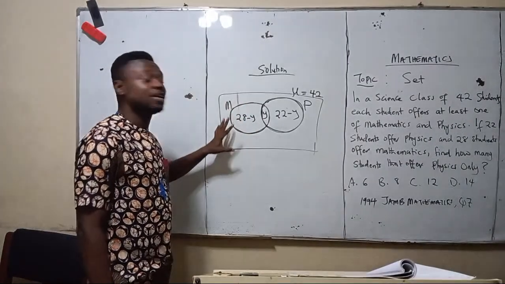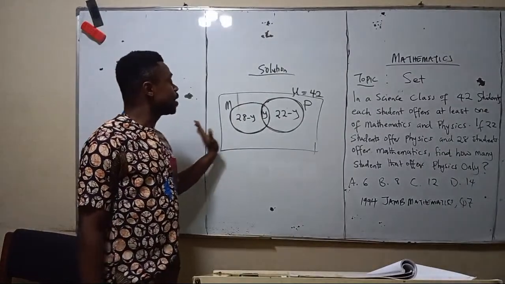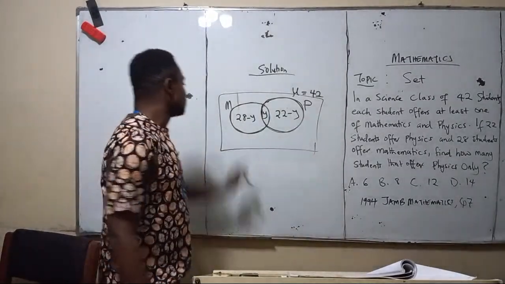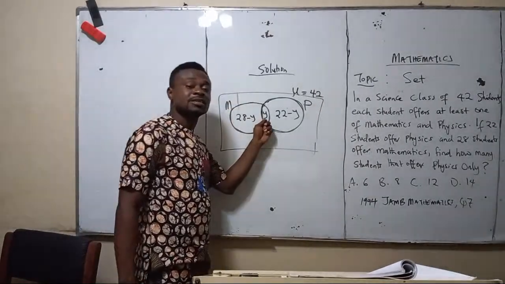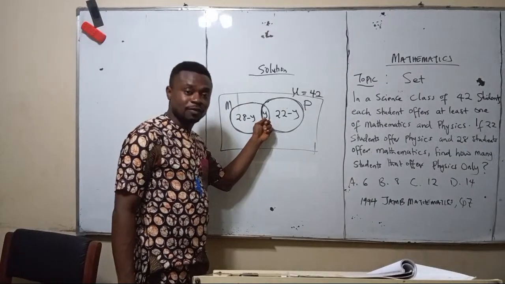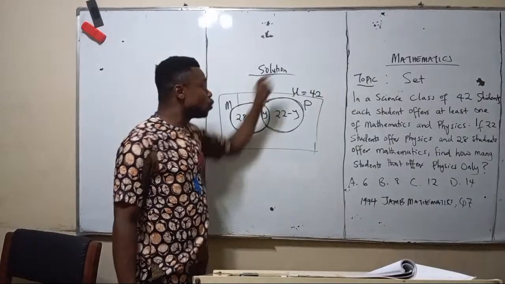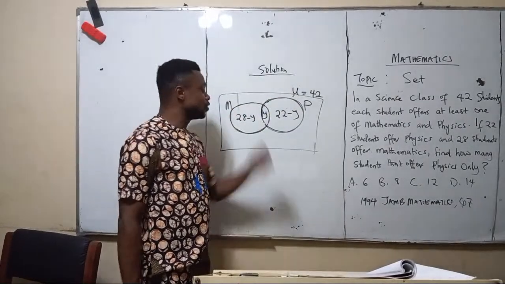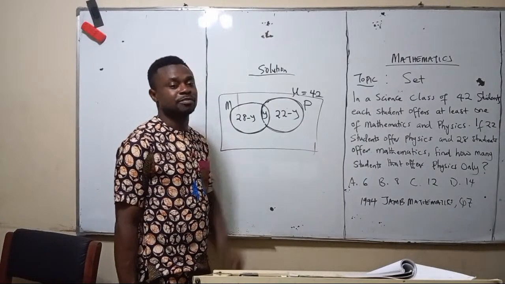If you want to get this Y, the best thing to do is to add up everything: the number of students doing maths alone, the number of students doing both of them, and the number of students doing physics alone, and equate it to 42. If you do that, you get Y. Y will give you the number of students doing both of them.